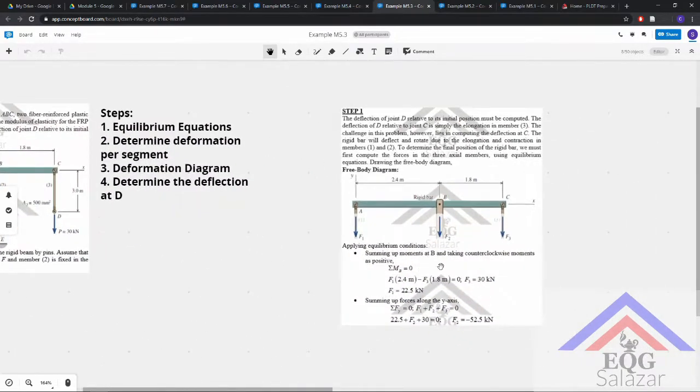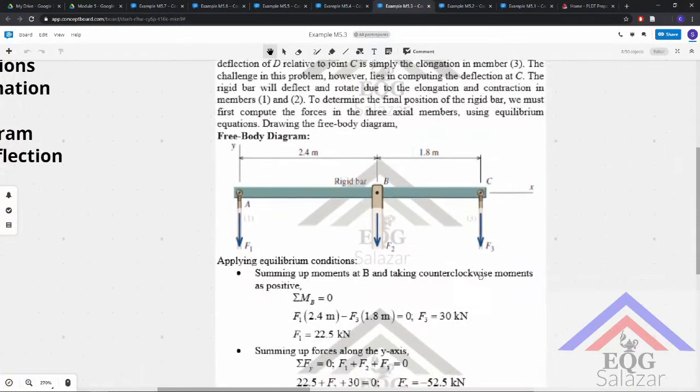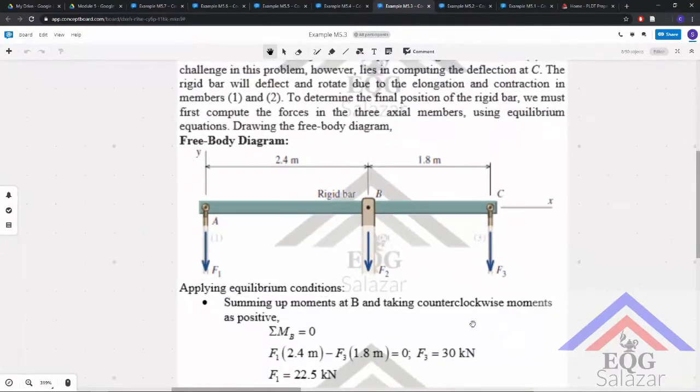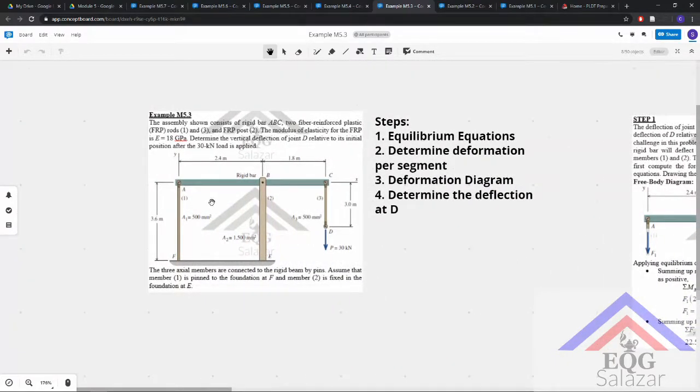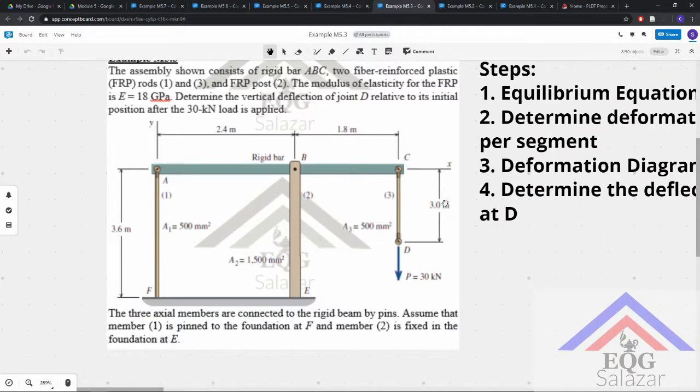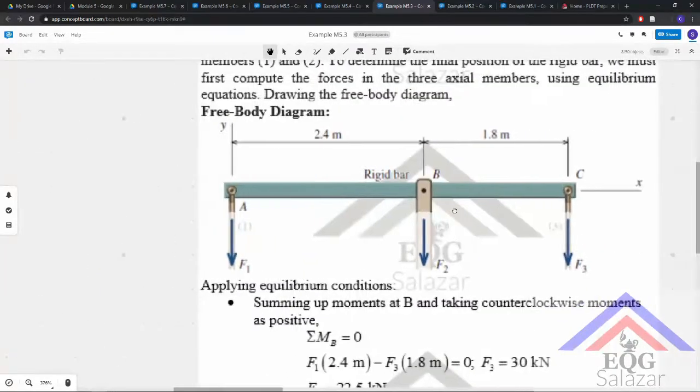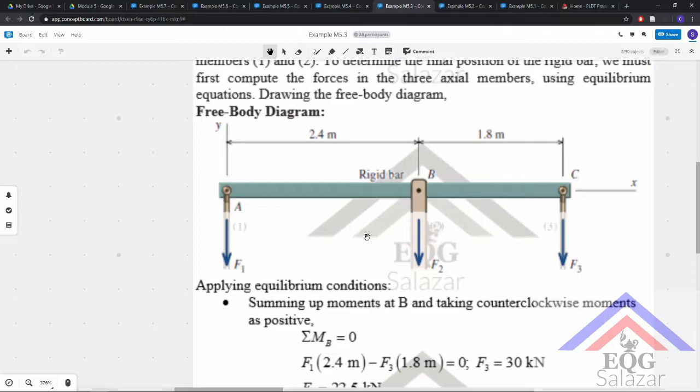Drawing out the free body diagram, we have F sub 1, F sub 2, and F sub 3 if you apply the method of sections here. At this point we have this free body diagram for the rigid bar. We know that F sub 3 is just equal to 30.